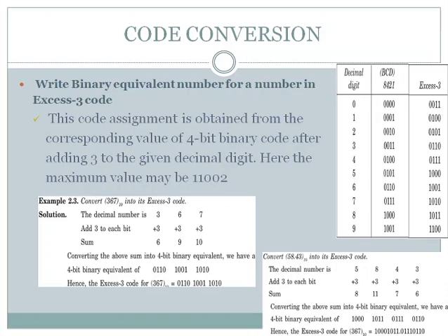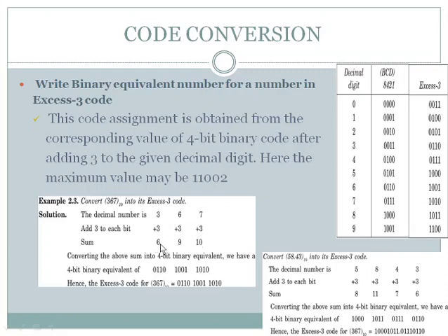To write the XS3 code for a particular decimal digit, we have to add 3 to it, and for the resulting decimal number, we write the 4-bit binary equivalent. Here the decimal digits are 3, 6 and 7. I add 3 to each digit. So 3 plus 3 is 6, 6 plus 3 is 9, and 7 plus 3 is 10.